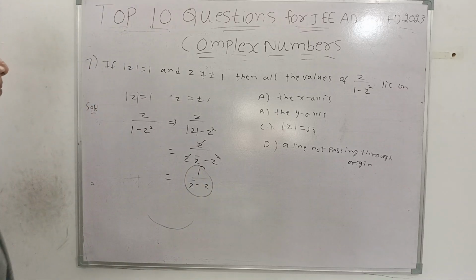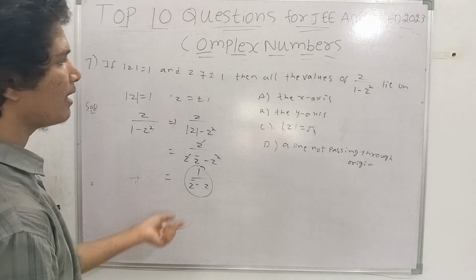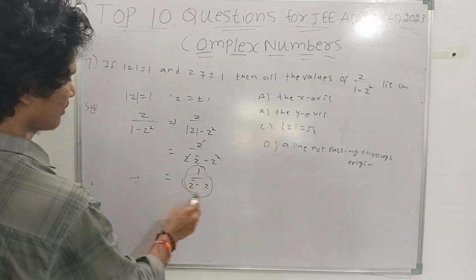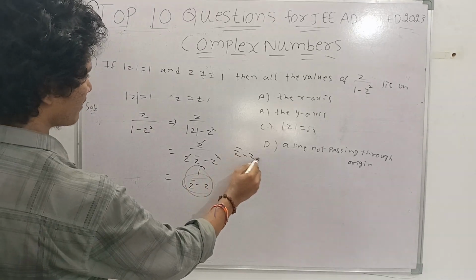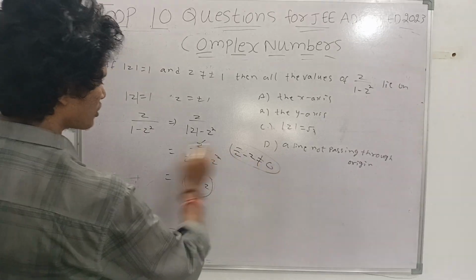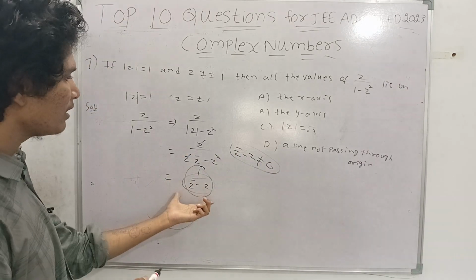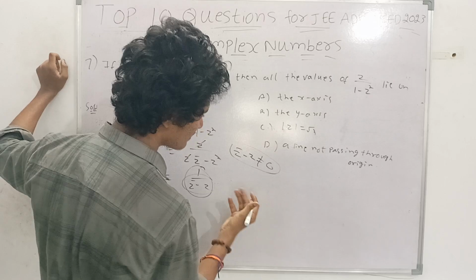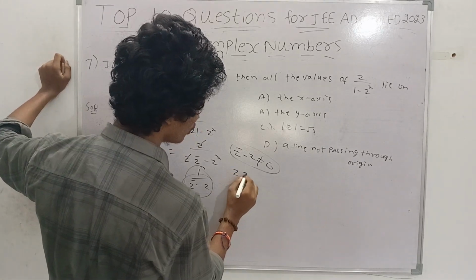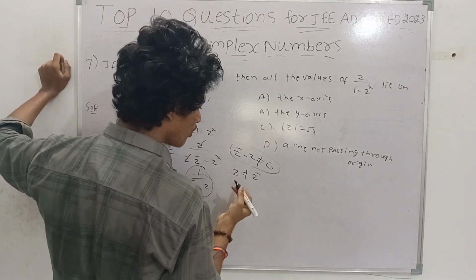z bar minus z. And we all know this z bar minus z should not be equal to 0. So what is this implying? That z should not be equal to z bar. What is z not equal to z bar?